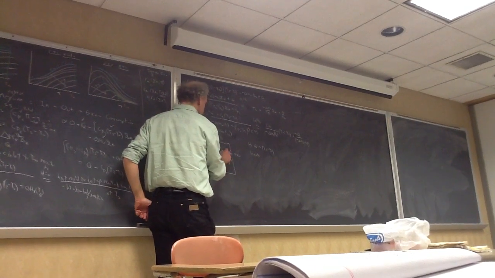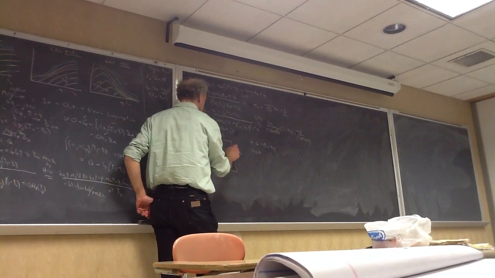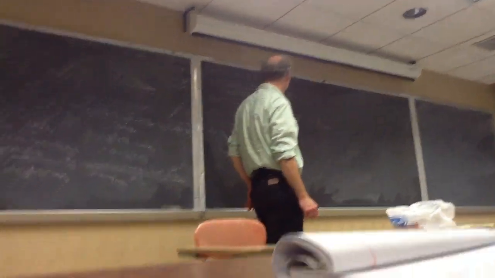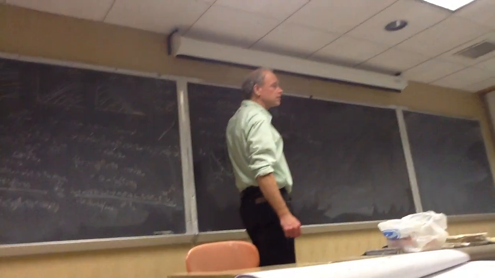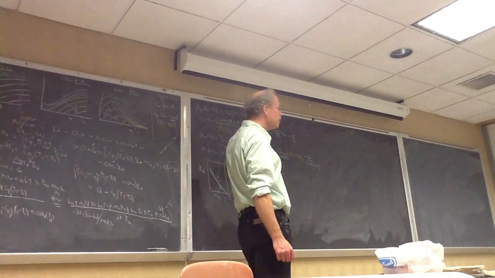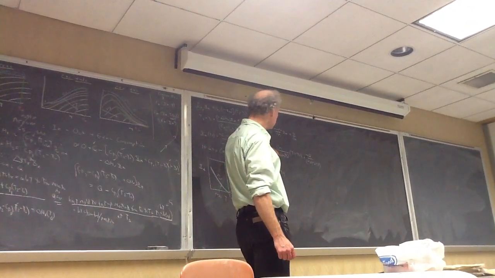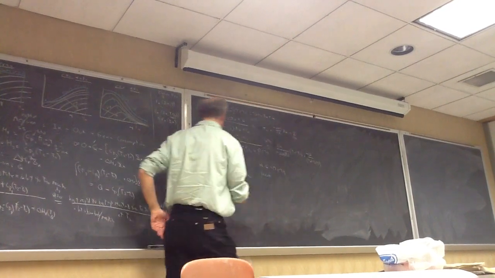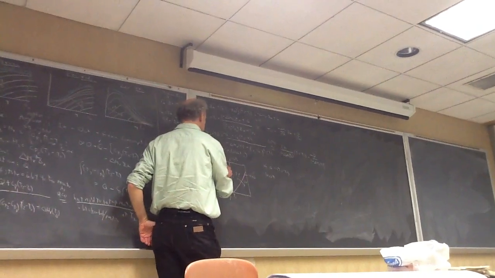So inerts increase the slope. And how about in the other case, where delta H is positive? Well, this is negative, so it becomes a larger negative number. So again, increasing inerts goes in this direction.